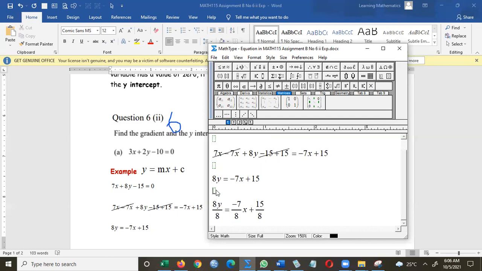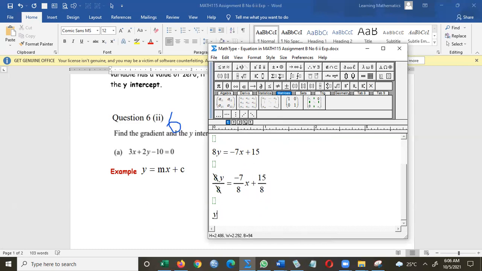Now the 8 on the left side cancels out. 8 divided by 8 will give us 1, and that's what we want. We want a 1y. So here it is, 1y. We don't have to write the 1.